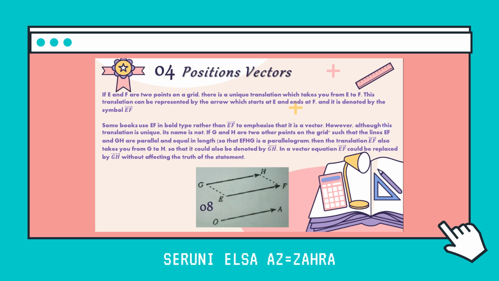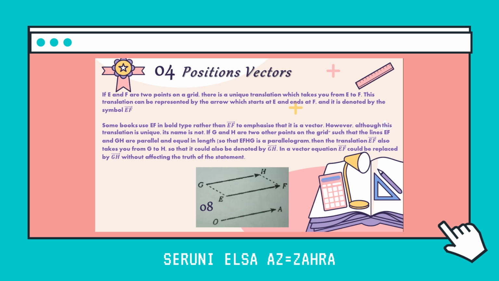If G and H are two other points on the grid such that line EF and GH are parallel and equal in length, so that EFHG is a parallelogram, then the translation vector EF also takes you from G to H, so that it could also be denoted by vector GH.